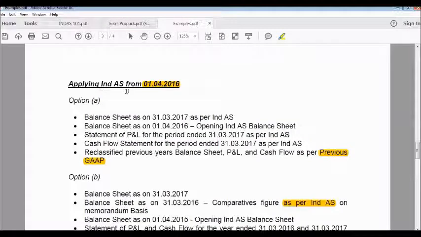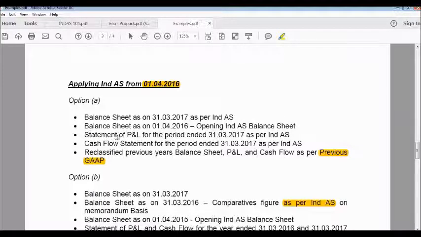So if you have applied the Ind AS from 1st April 2016, then option A says prepare the balance sheet as on 31st March 2017 as per the Ind AS, which is very obvious, and then prepare the balance sheet as on 1st April 2016, which is the date of transition, as per the Ind AS obviously. So this is called the opening Ind AS balance sheet.